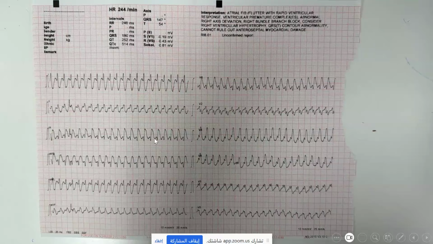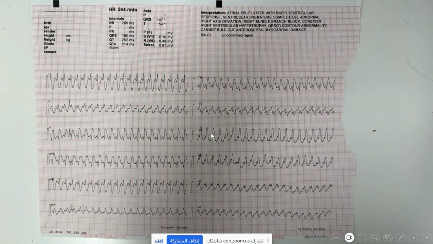It is regular. Honestly, I can't appreciate any P wave, so I can't say whether this is long RP or short RP tachycardia. But in the inferior leads, if you look carefully, you will find a slow sawtooth pattern. If you turn the ECG upside down, you will see it like a sawtooth. So this is atrial flutter with 1-to-1 conduction.